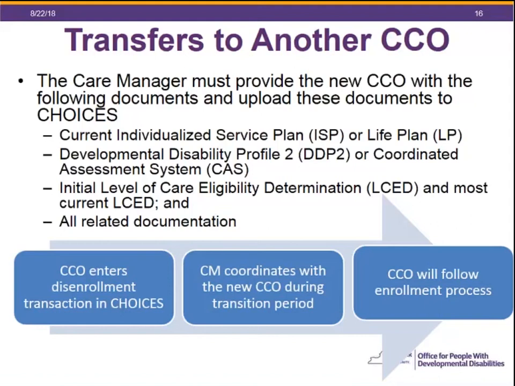The care manager coordinates with the new CCO during this transition period. So you're working hand in hand together with the former CCO and the new CCO to ensure that those documents are pushed to the new CCO. The CCO will follow the enrollment process once that documentation and the disenrollment occurs with the former CCO.